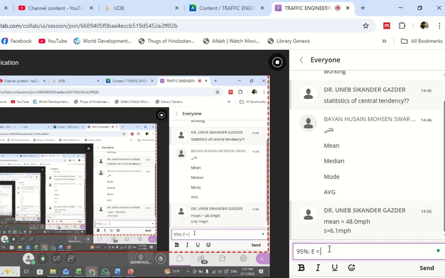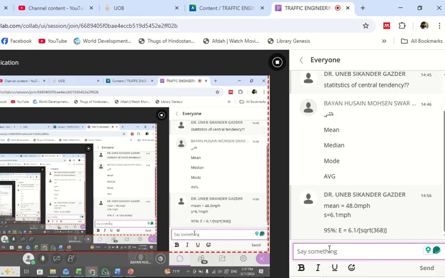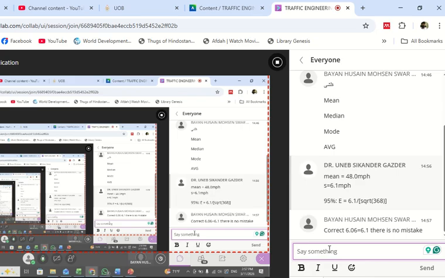So E is standard deviation 6.1 divided by square root of n. My n was 368 values. So how much is my E here?